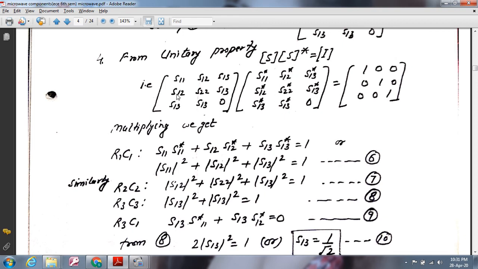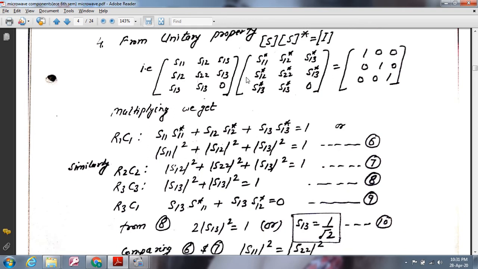So S12 multiplied by S12 star, S22 multiplied by S22 star, and S13 multiplied by S13 star. From this we get R2 C2 equals S12 square plus S22 square plus S13 square equals 1.